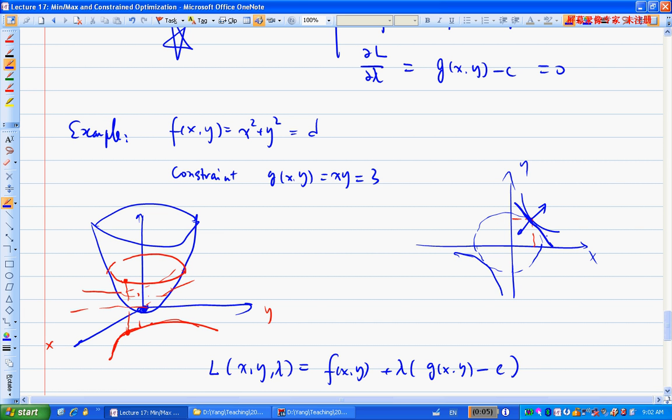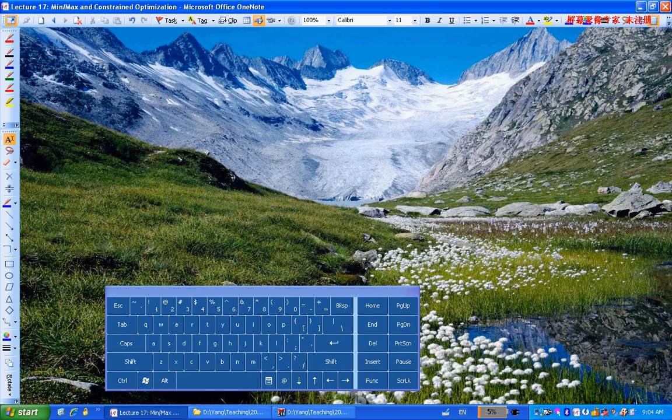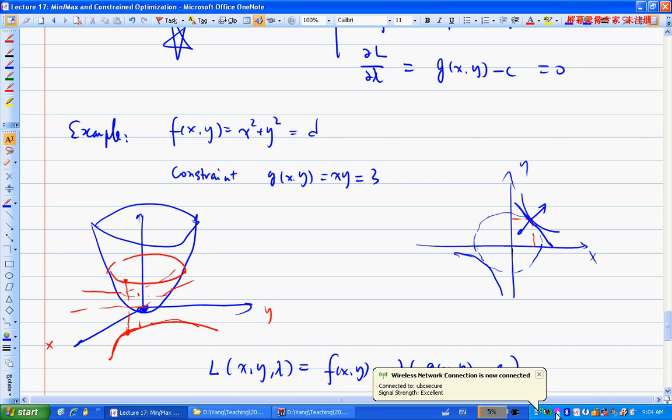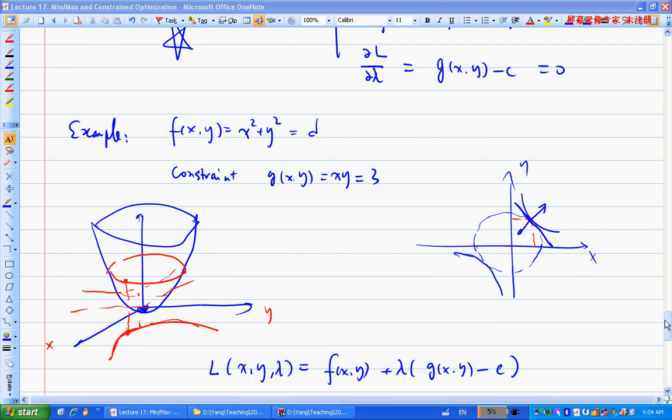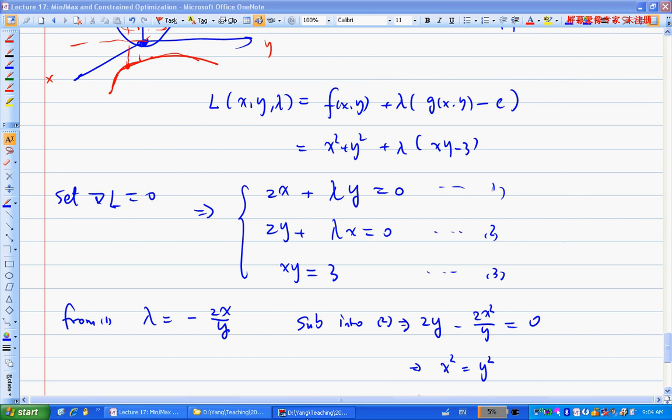The red color and the blue color are the gradient vectors for the constraint, the g function, and the surface f function. I believe the blue color is the gradient vector for f of xy. The red color is the gradient vector for g of xy equal to xy.